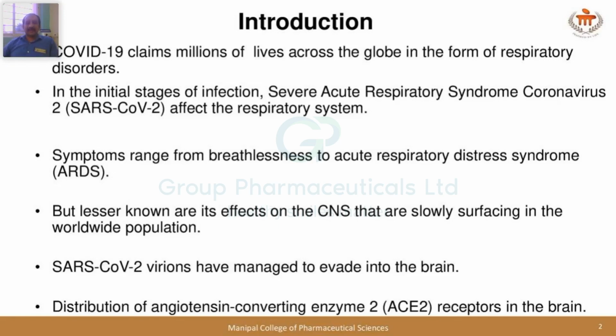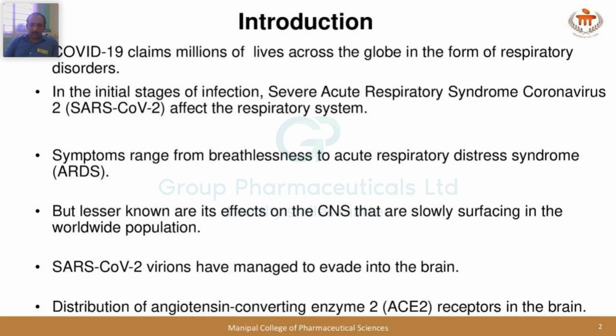The interesting fact is that when we look into the distribution of ACE2, or angiotensin converting enzyme 2 receptors, these receptors are widely distributed in several regions of the brain. So it is interesting to see that there might be chances that the SARS-CoV-2 virions have managed to infiltrate into the brain.